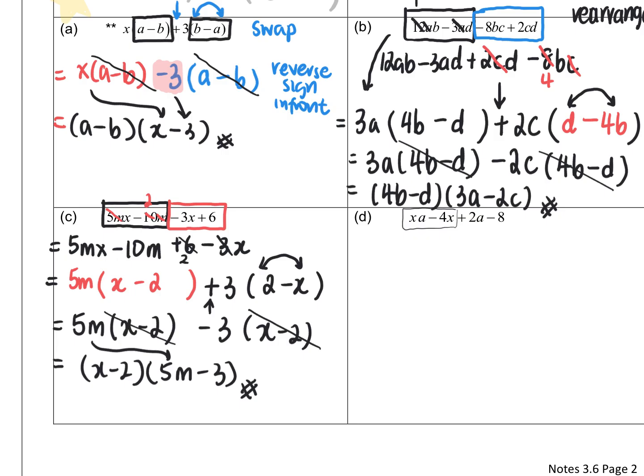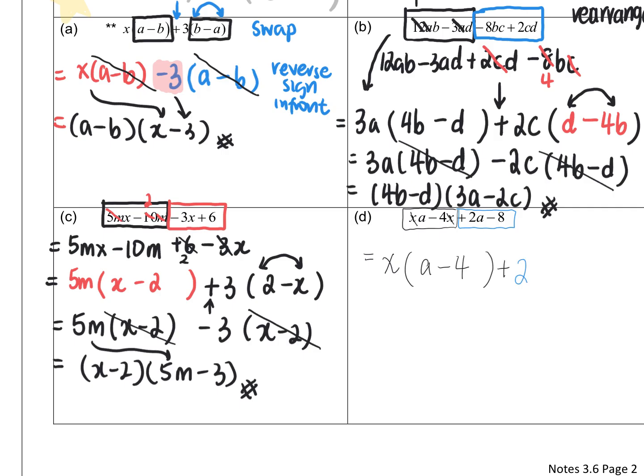Same thing. Deal with it 2 by 2. Nathaniel, help me with this. What is the common term for the first 2? What should I take out? X, right? What am I left with? What about the second group? What can I take out? Between 2 and 8, what is common? 2.